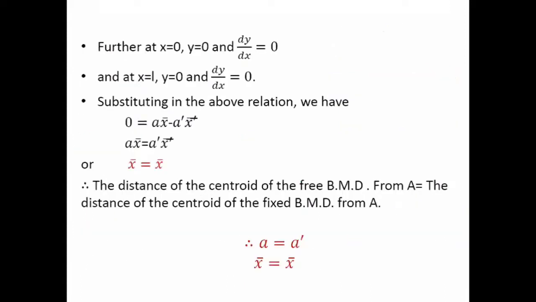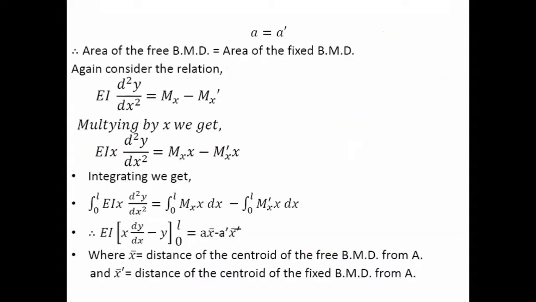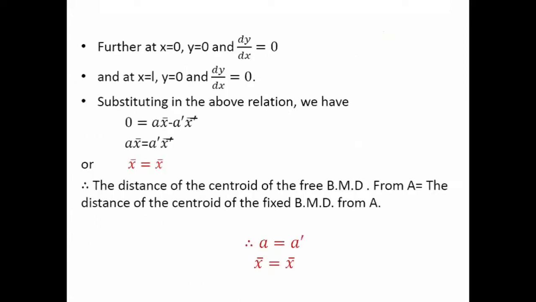One important observation is that the area of free BMD is equal to the area of fixed BMD, and the centroidal distance of free BMD from A is equal to the centroidal distance of fixed BMD from A. So these are the two important results.